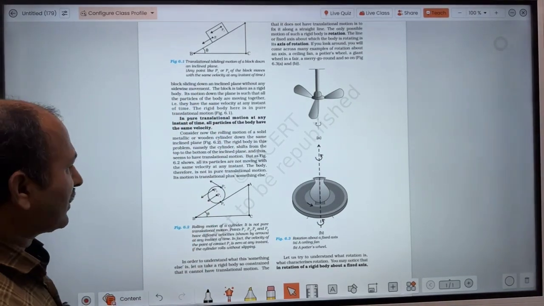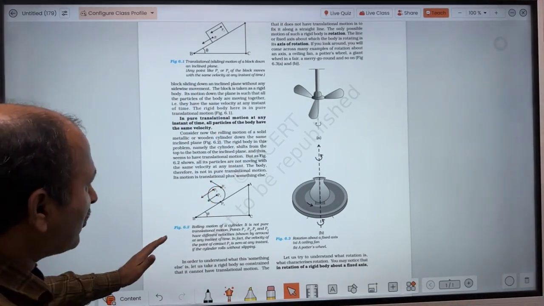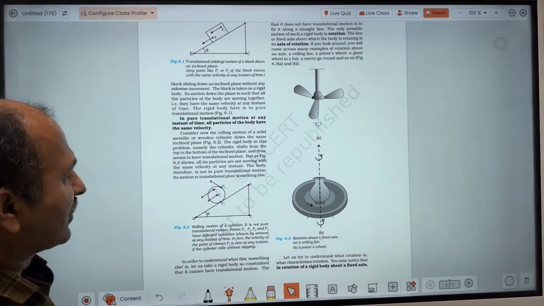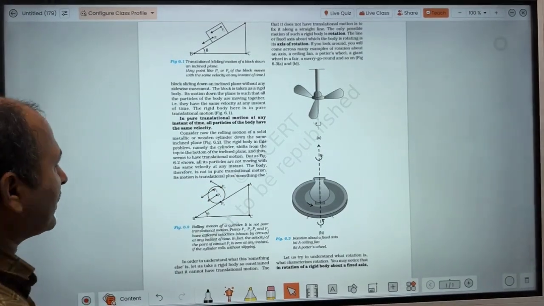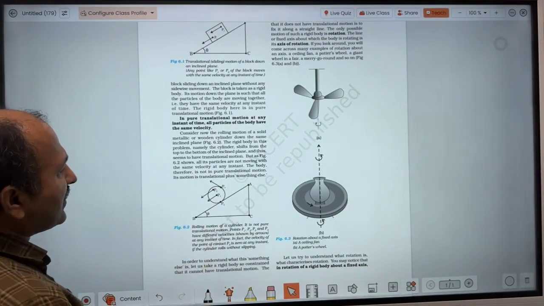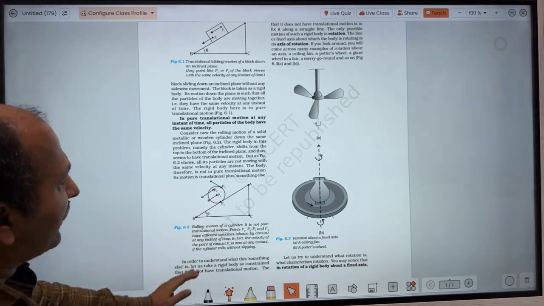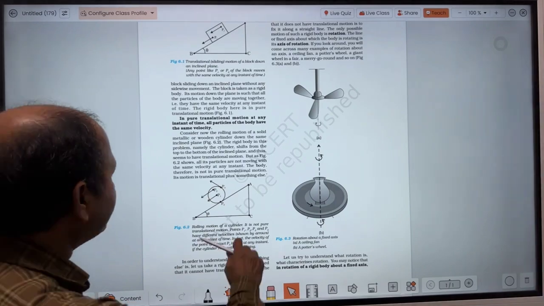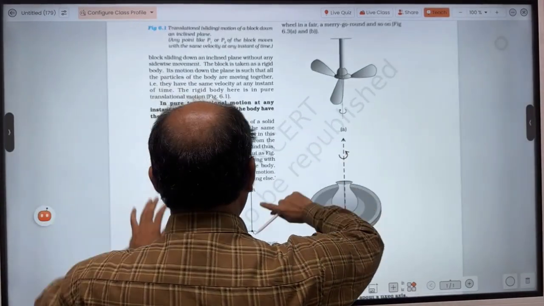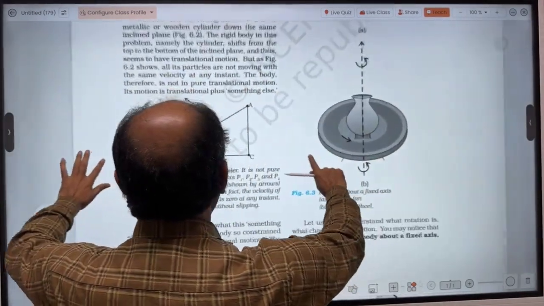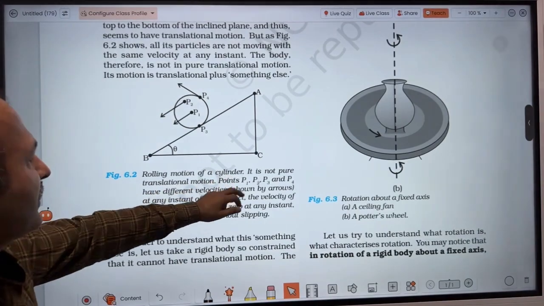Now this is another situation in which the body is moving down and there is a rotation. In that case you will observe that velocities of all 3 points like P1, P2, P3 will not be the same. So here in detail it is given a rolling motion of a cylinder.